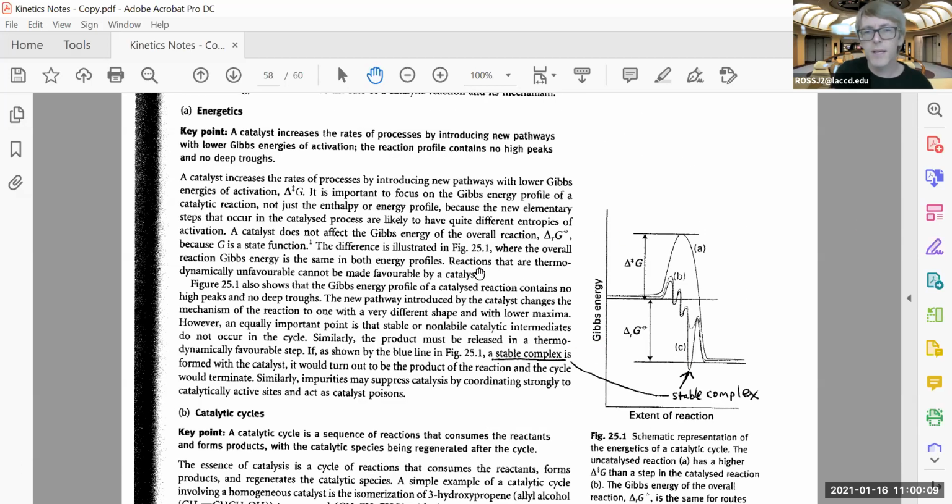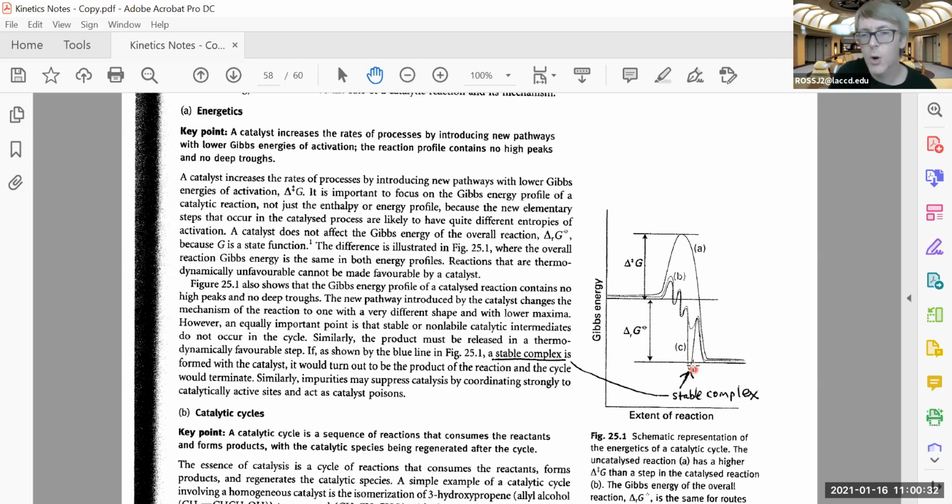In my reading, I have my students do a bit of extra reading. If you see something like this in a reaction profile, where the catalyst takes the uncatalyzed activation energy and splits it up into more manageable steps, look at this here.